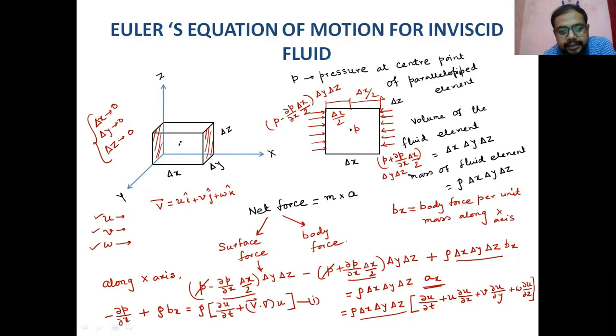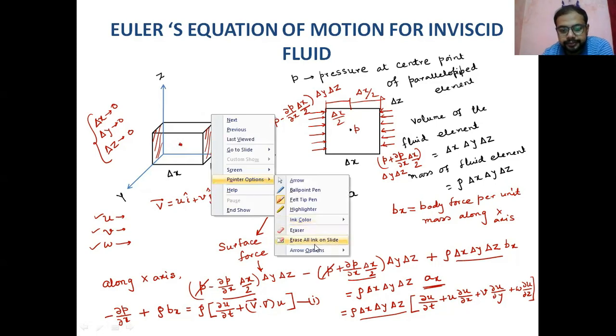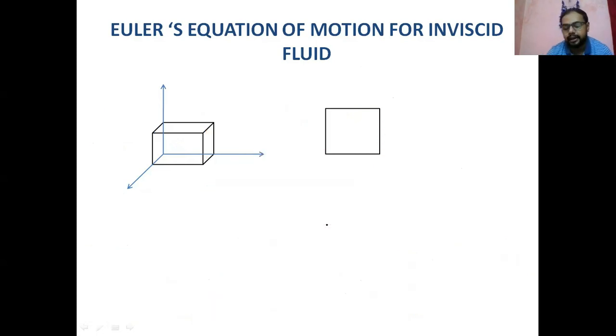That's why we are taking the center point. Pressure is P. So we write down the equations one by one. First equation is coming: minus del P del x along x-axis, plus rho into Bx is equal to, so this is coming from the surface force, this is coming from the body force, into mass into acceleration.